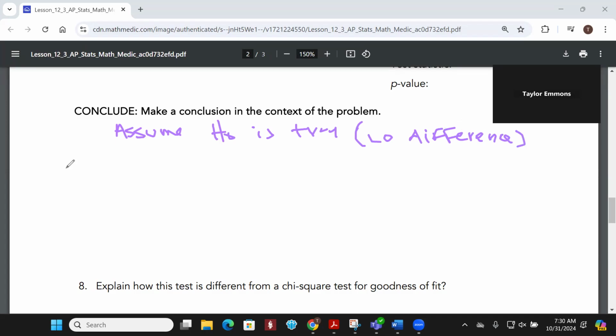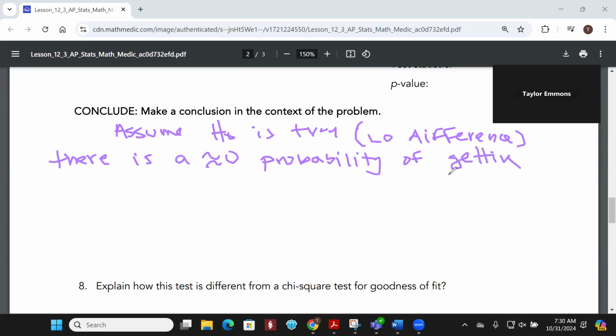So there is about 0 probability of getting a chi-squared of 55.6 or, I'm sorry, greater, purely by chance.